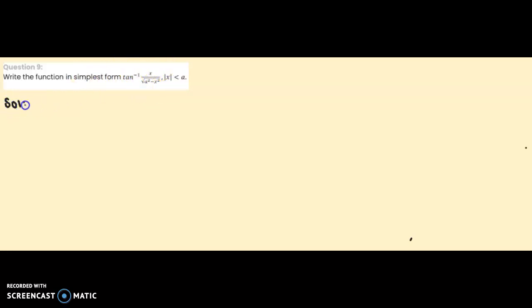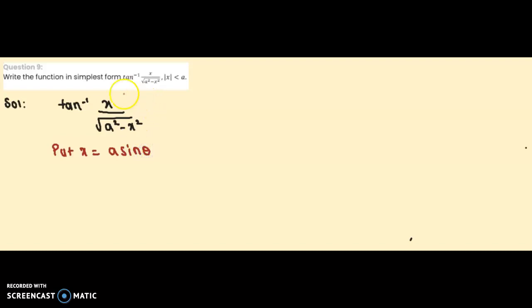Let us write down the question first: tan inverse x upon root over a square minus x square. Here we know that if we have the root over a square minus x square form, then there is a rule that you have to substitute x equal to a sine theta. So let us put x equal to a sine theta.